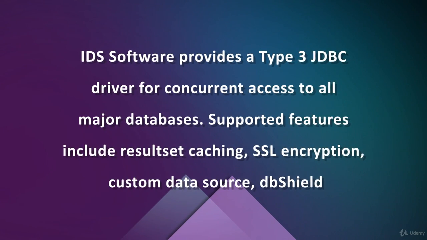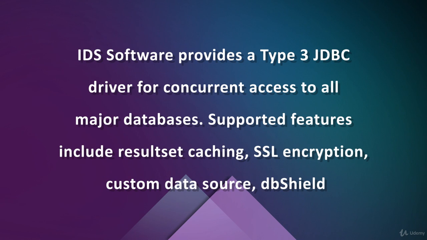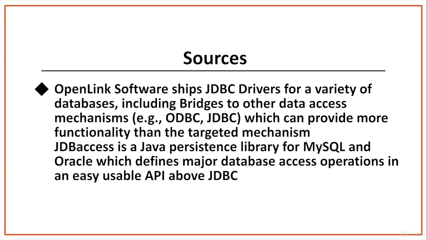IDS Software provides a Type 3 JDBC driver for concurrent access to all major databases. Supported features include result set caching, SSL encryption, custom data source, DB Shield. OpenLink Software ships JDBC drivers for a variety of databases, including bridges to other data access mechanisms, for example ODBC and JDBC, which can provide more functionality than the targeted mechanism.